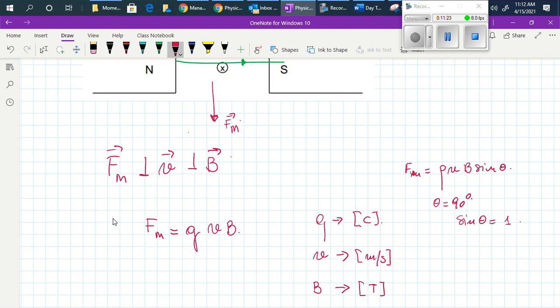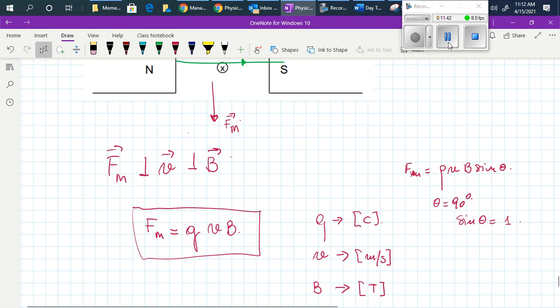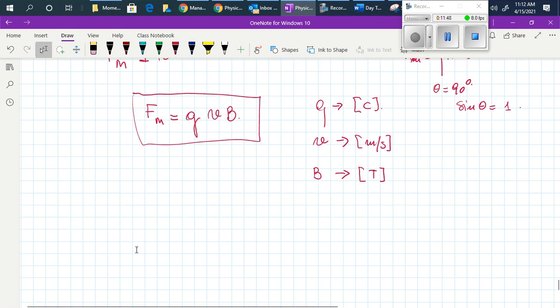So we will just use QVB for Physics 30, and keep in mind that this is for the case when they are mutually perpendicular to each other. Okay, let's bring an example here that will make us calculate the force and probably the acceleration.